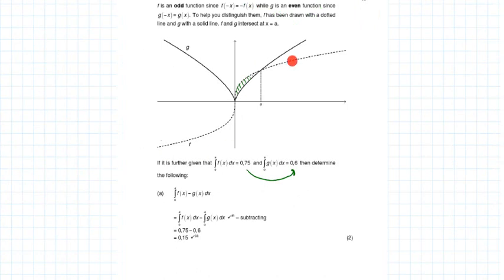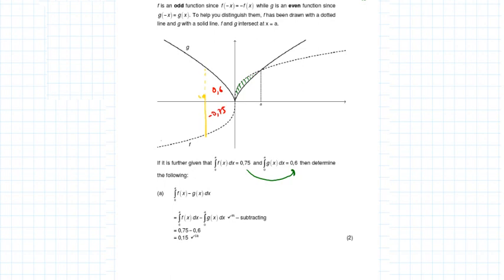So that means, for example, for f, that is minus a, and then for g as well. Since the area for g is the same, that is 0.6, but for f that will be negative 0.75. I mean, the area is the same, but the problem is that it is below the x-axis.